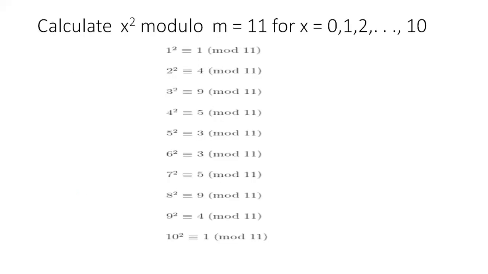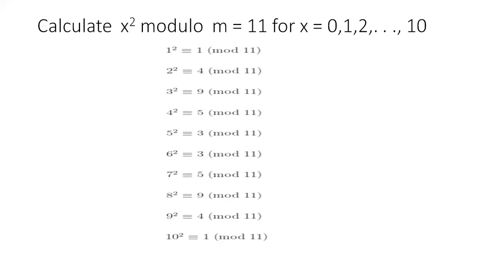To understand the term quadratic congruence, let us start with an example. Calculate x square modulo 11. The equation is x square congruent to some value mod 11 for different values of x equal to 0, 1, 2, 3, etc. When x is 0, 0 square is 0, so it is 0 mod 11.